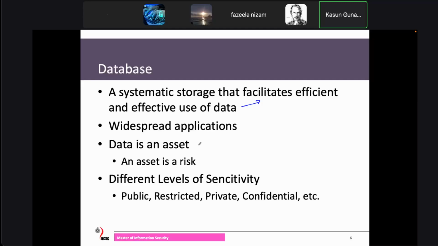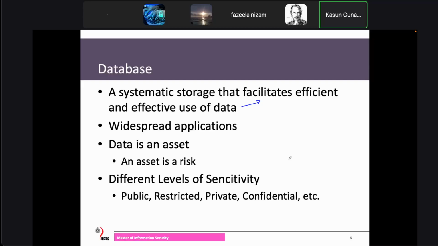So when it becomes an asset, it brings lots of risks as well. So an asset is always a risk. If you look at different levels of sensitivity, we know that there are lots of sensitivity levels with regard to this data.